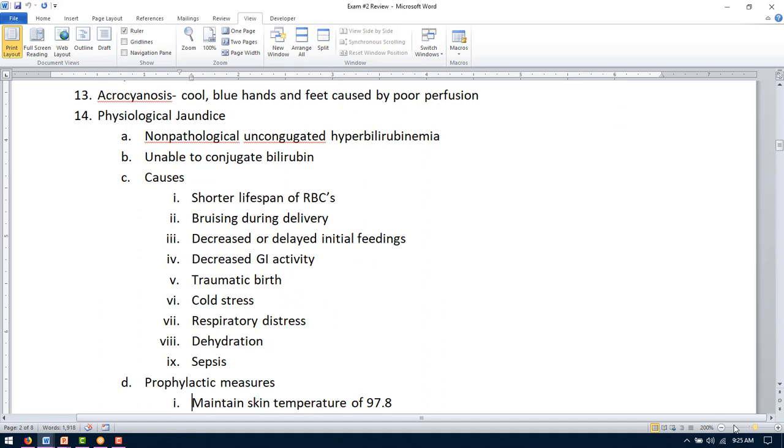Acrocyanosis, we talked about, that's the blue, cold hands and feet caused by poor perfusion. I will tell you that I have seen babies just born that had acrocyanosis so bad on their foot. I literally walked in and saw my student, and I thought she had just taken the baby footprints because I saw the bottom of the baby's foot, and it was that dark blue.